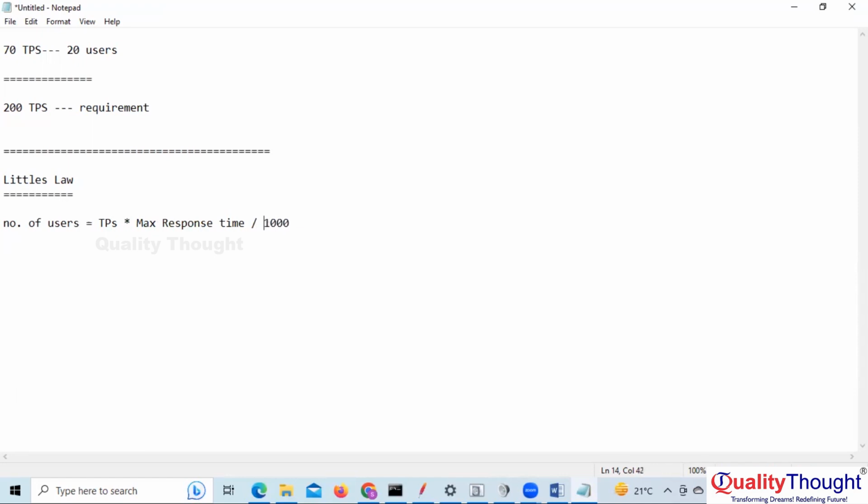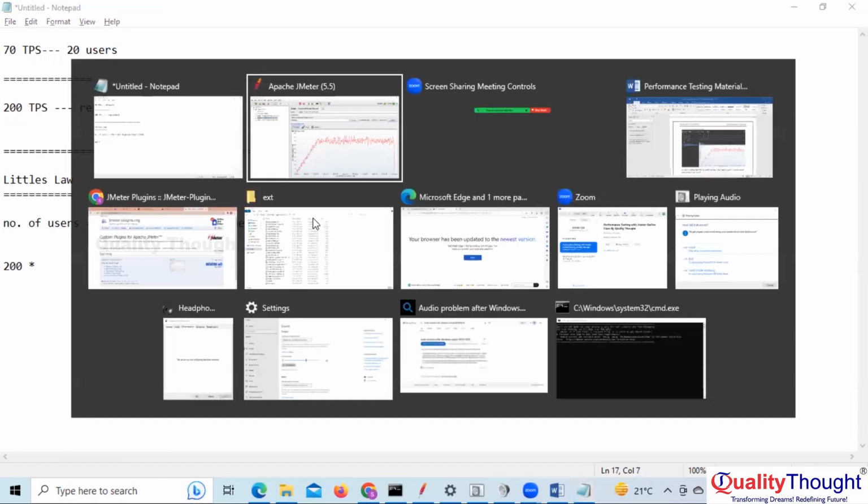This is the formula where you will get the target users. So what is our TPS now? What is our target TPS? 200, right? 200 into what is our max response time?